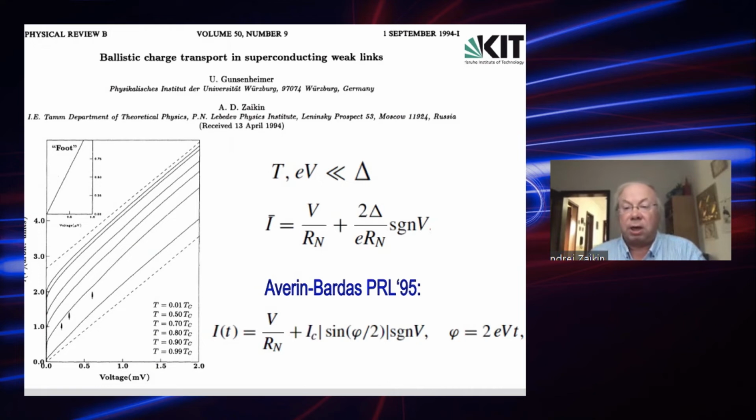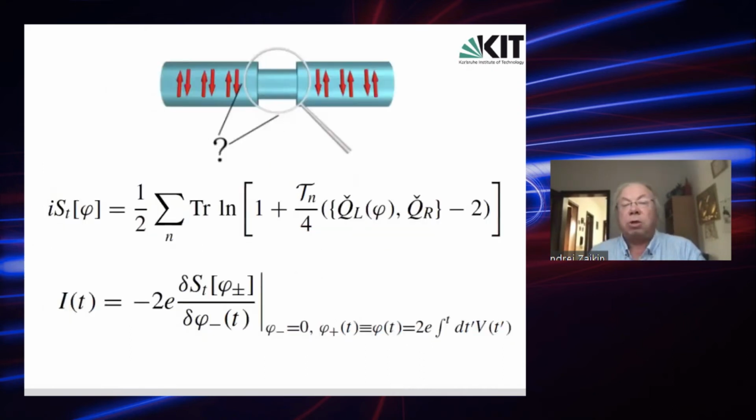Now let me repeat that in this naive description of the Majorana state contribution to the current, this contribution was totally ignored. It was lacking, and so we see a bit of a problem at this point. If you proceed with the calculation, I'm not going to go into details.